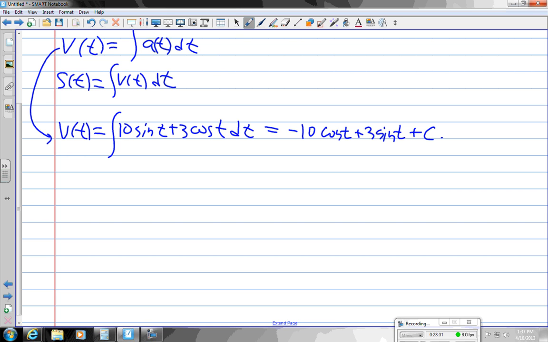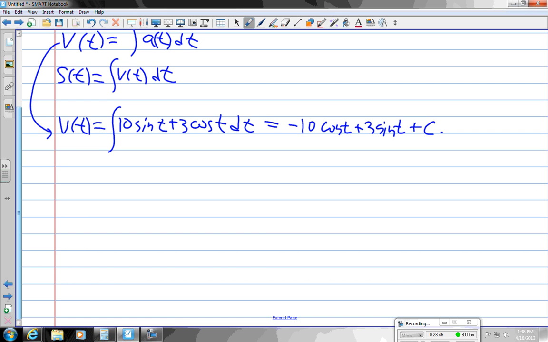Right? So if we had any information about velocity, any extra points, we should be able to find that constant. But we don't. We don't have any information about velocity. So let's keep doing integration.